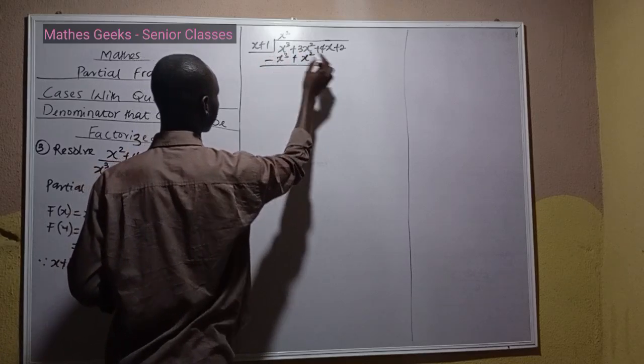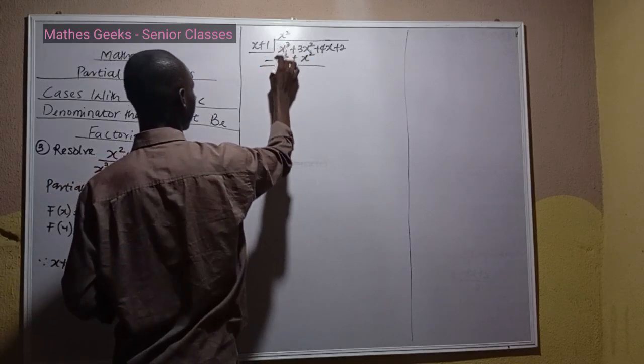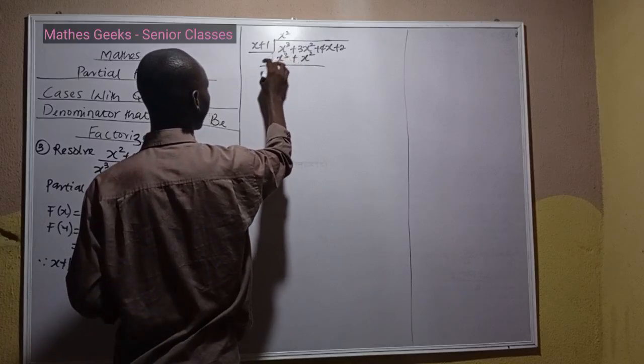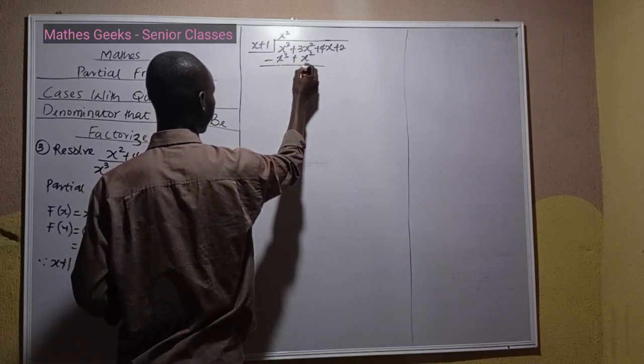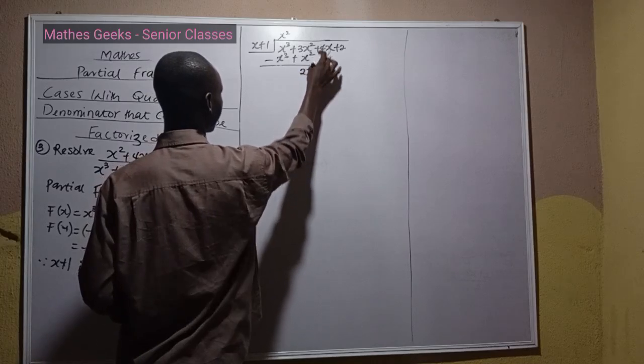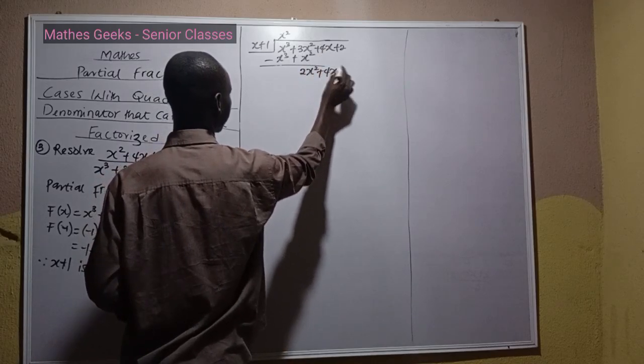When you subtract, x cubed minus x cubed is 0, and 3x squared minus x squared gives us 2x squared. Then you bring down your 4x.